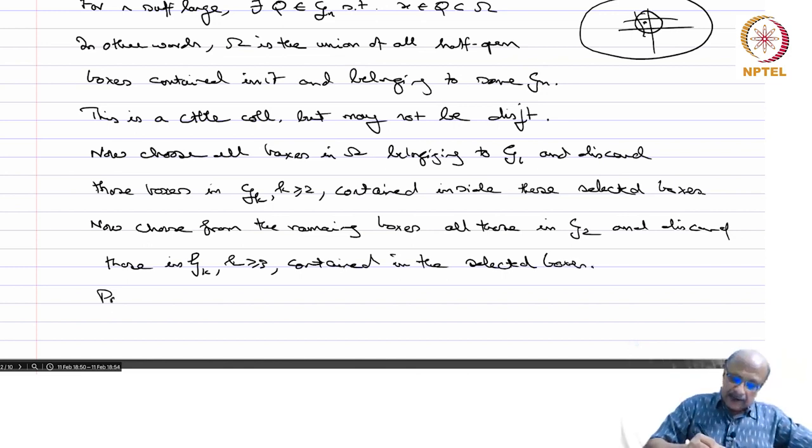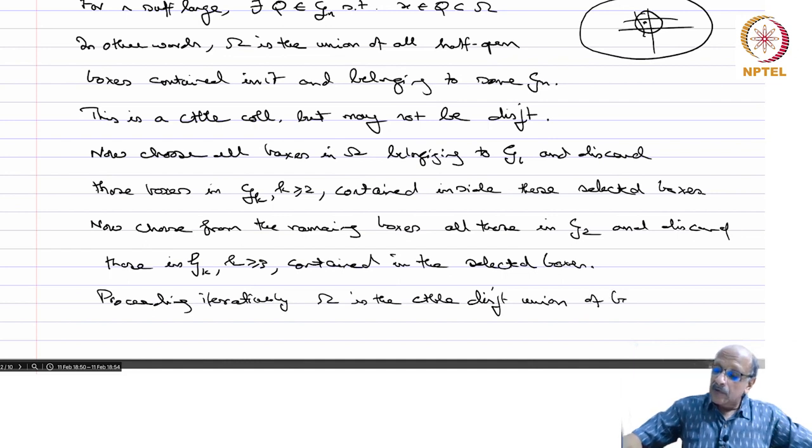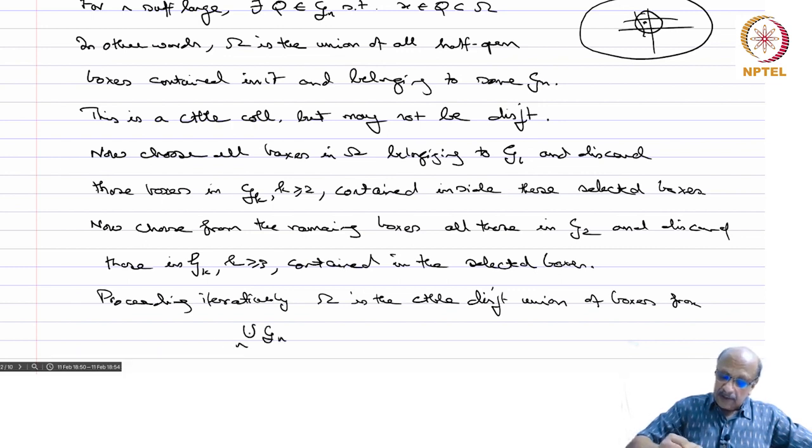So proceeding iteratively, omega is the countable disjoint union of boxes from union Gn n.